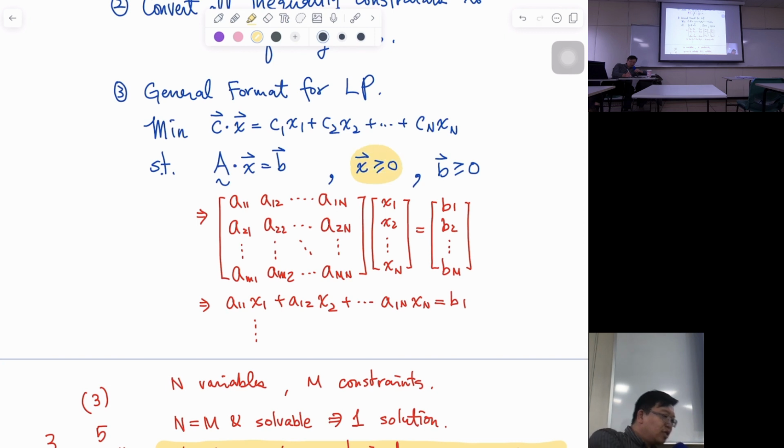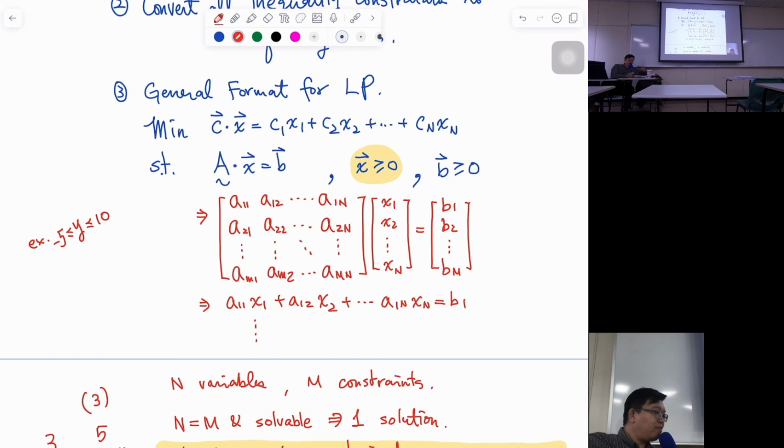How about x has to be positive? What if you have a design where you allow your variable to be negative? You can do some variable shifting. For example, here's an example. You have some variable called y. It can be larger than -5 and it could be smaller than 10.